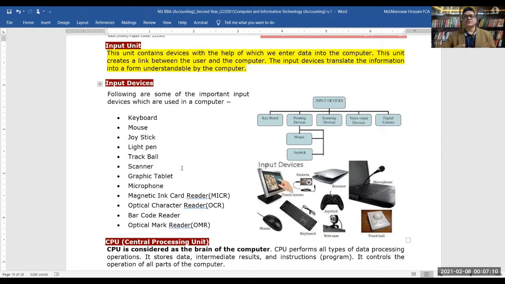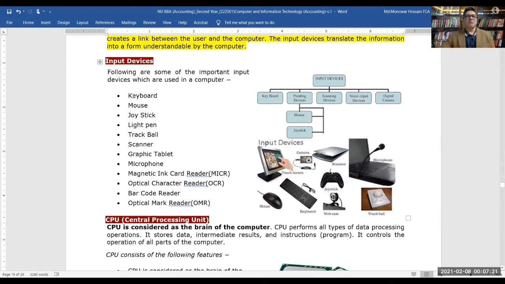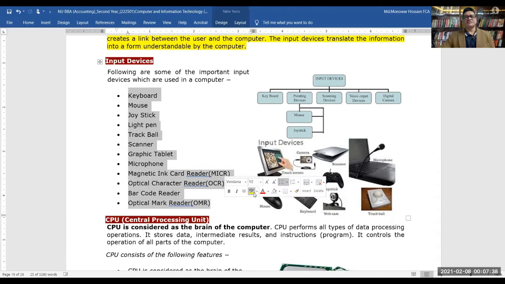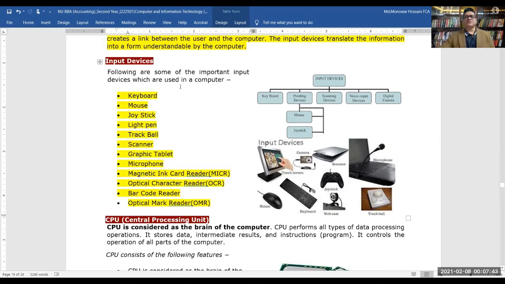The input device translates the information into a form understandable by the computer. Input devices are mouse, keyboard, light pen, scanner, graphics tablet, microphone, barcode scanner, barcode reader, optical marker reader, etc. All are input devices.